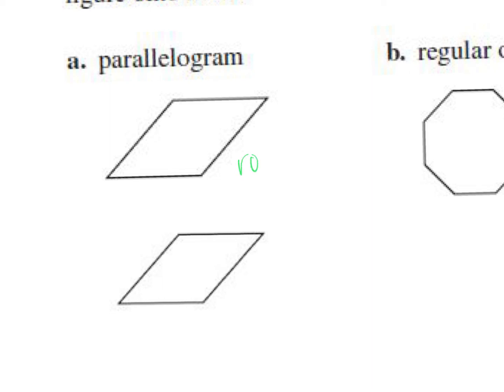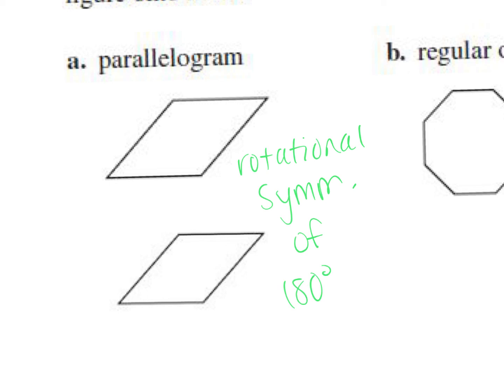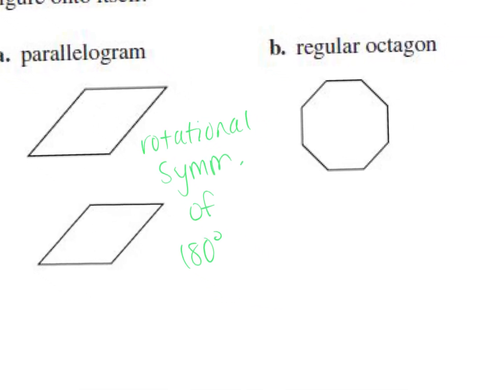So it has rotational symmetry of 180 degrees. If we rotated it 360, would it also have rotational symmetry of 360? Yes, we don't include it though because 360 is larger than what? 180, okay? What about an octagon?